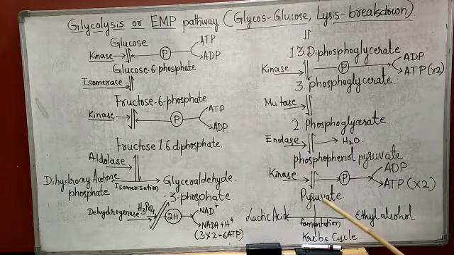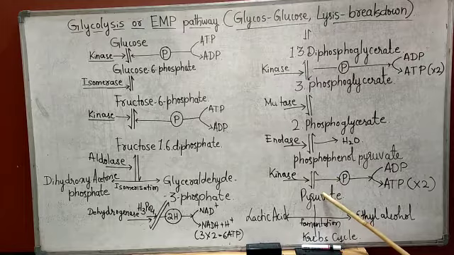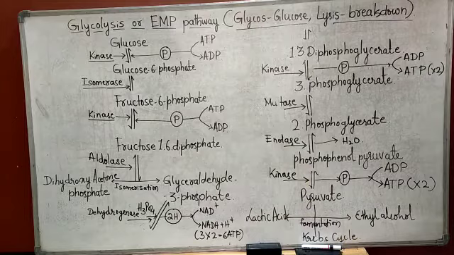After the formation of pyruvate or pyruvic acid, it enters into the Krebs cycle with an intermediate step, the formation of acetyl coenzyme A, in the presence of oxygen.